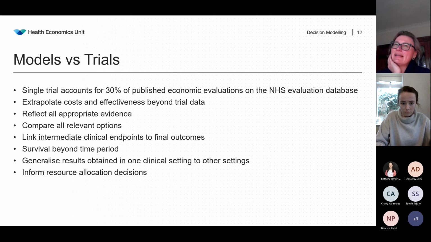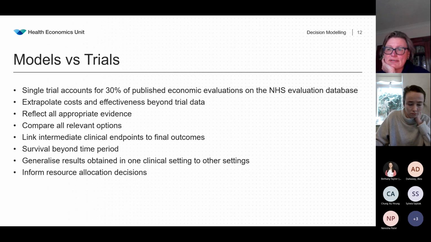I guess the most obvious one would be that there is a limited follow-up period, and they could be very expensive to conduct. In certain situations it may not be ethical to run an RCT, and there's generally a very limited number of comparators.